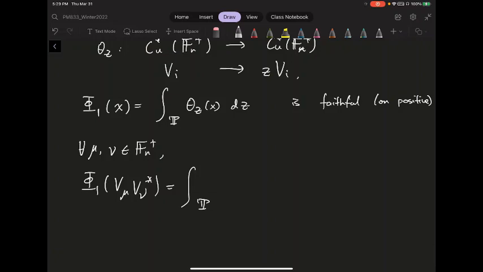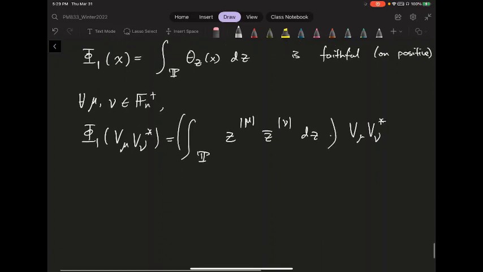For the mu, each letter inside this mu will give a copy of z. So depending on the length of your mu, you get that many copies of z. But for the nu, you get z bar. So you get z to the length of mu times z bar to the length of nu, then dz, and you multiply by v mu v nu star. That doesn't depend on z.